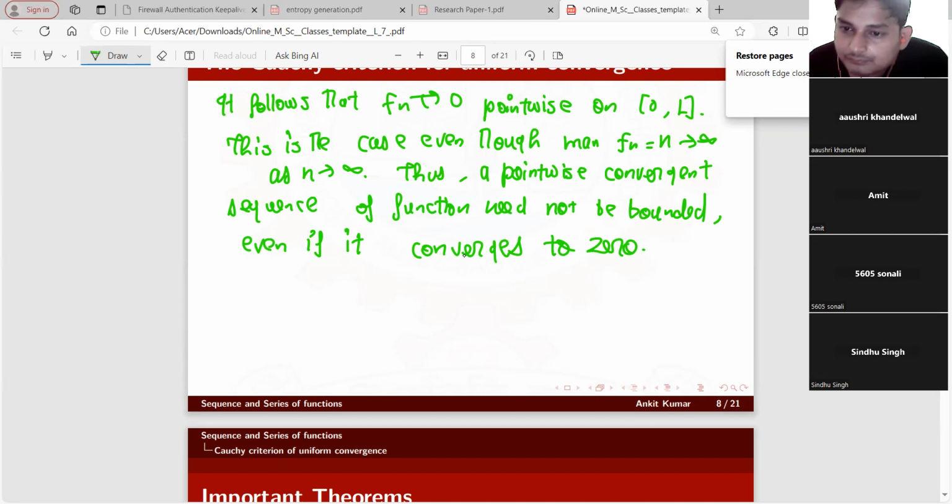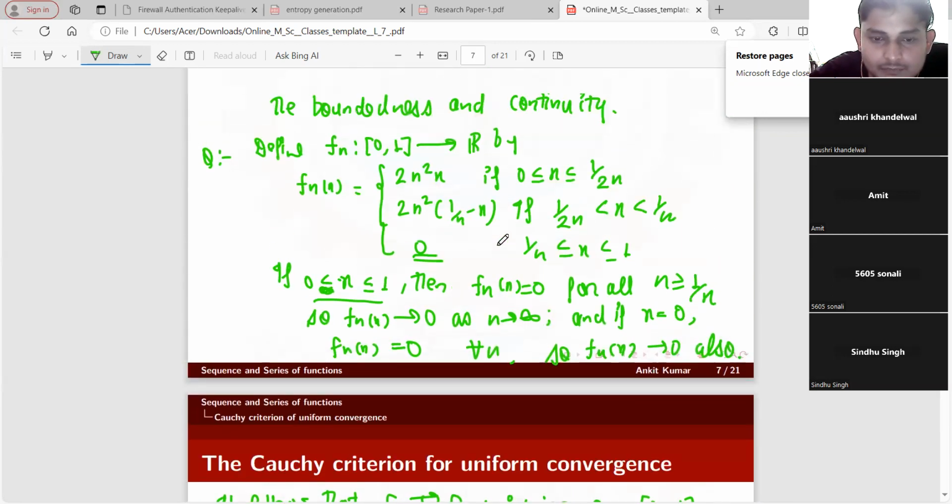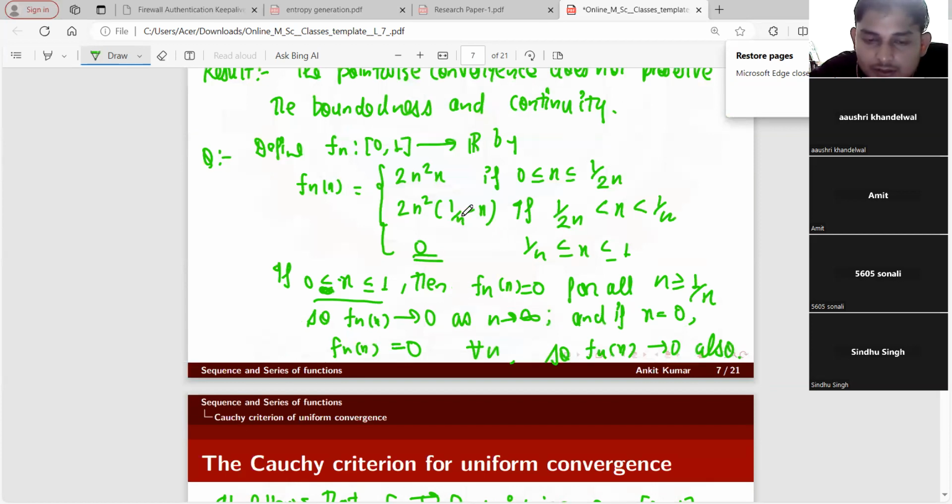So in this scenario, what is the problem? The problem arises on the closed interval [0,1]. If the value of x is 0, then the value is 0.